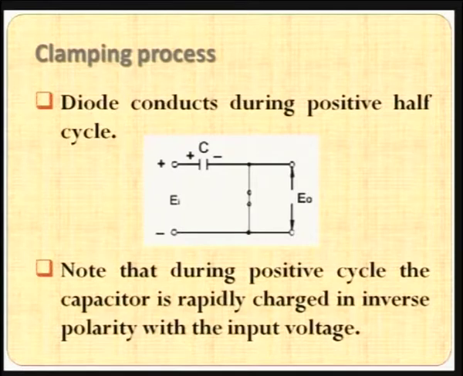The inverse polarity is shown here. When this end is positive, that particular end of the capacitor is positive and the other end is negative, and when we take the closed loop, it seems to be a reverse polarity as far as the regular circuit potential drops are concerned.